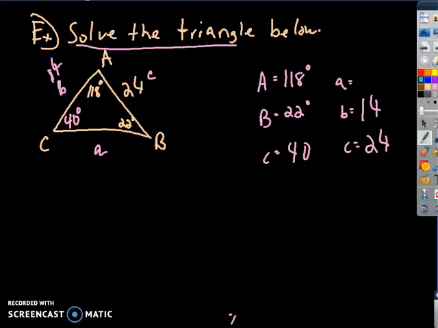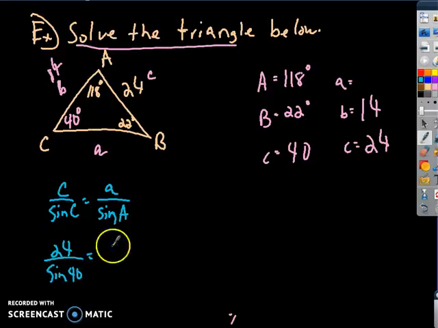All right, so to find lowercase a, I'll write down c over sine C again, and this time it's going to equal a over sine capital A. I'm going to fill it all in. C over sine C is again 24 over sine 40, and a over sine A should be unknown over sine of 118 degrees.